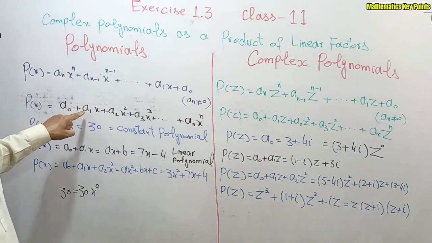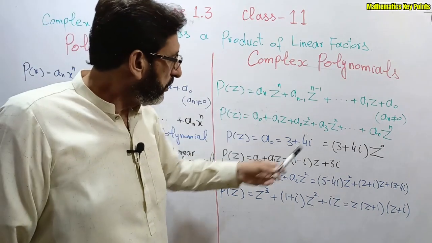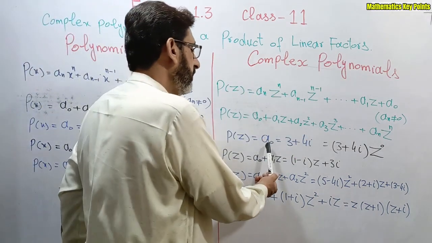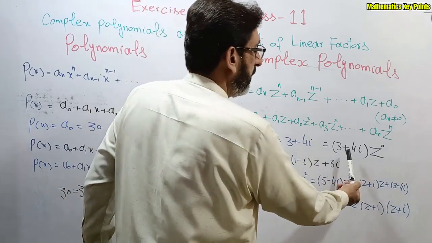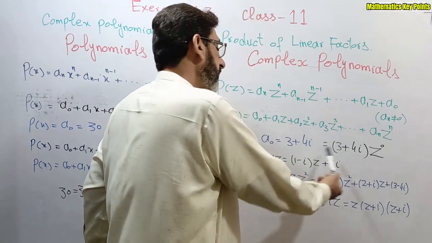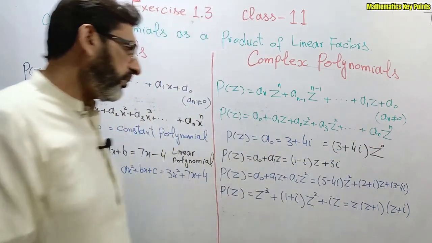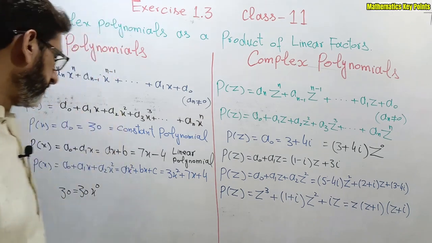Here a0, a1, a2 are real numbers, and in complex polynomials these are complex numbers. Suppose a0 is 3 plus 4 iota, we can write it as 3 plus 4 iota z power 0. So it is a constant polynomial of degree 0. Every constant polynomial has degree 0.